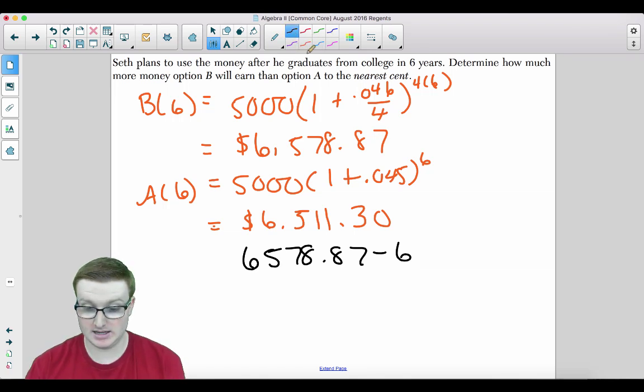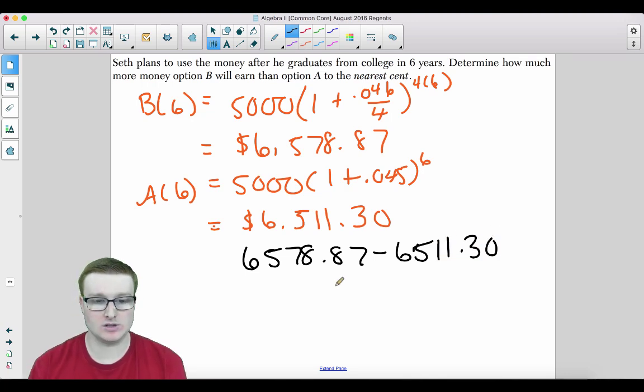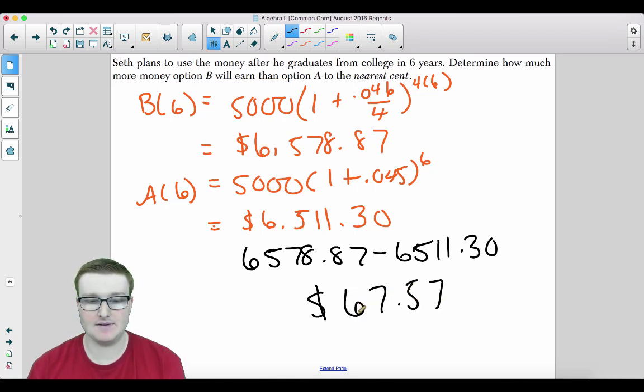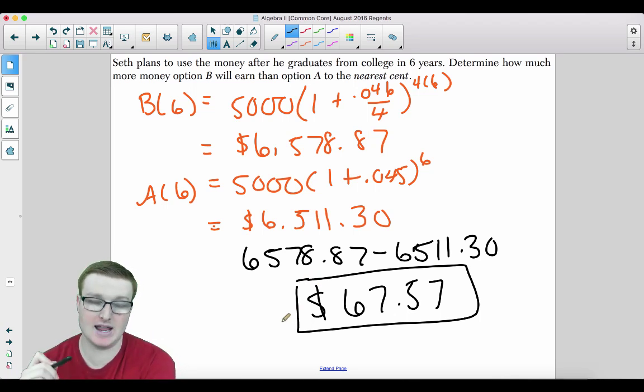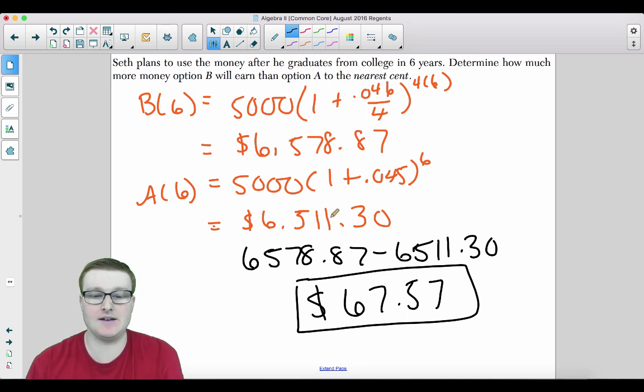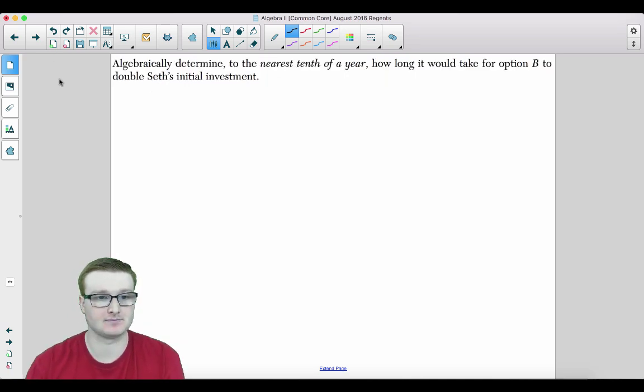And we're just subtracting this. 6,511.30. When you subtract it, you get a saved option of 67.57. Sorry, that's how much more money you could earn from option B than from option A. Okay, there you go. $67.57.